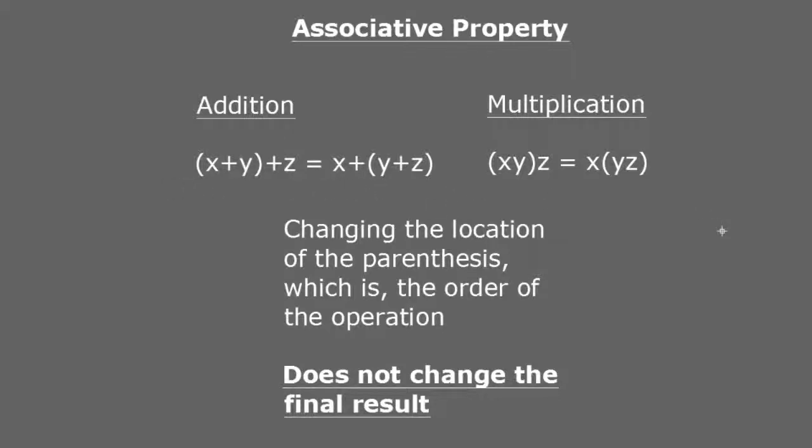The same happens with multiplication. Now be careful, the associative property does not apply to subtraction, and does not apply to division. In subtraction and division, changing the order of the operation will change your final result.